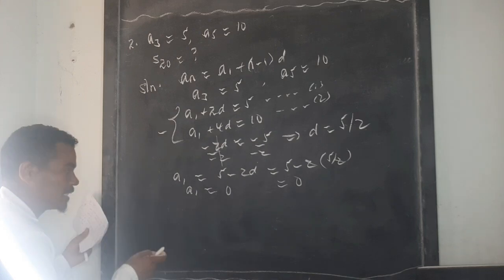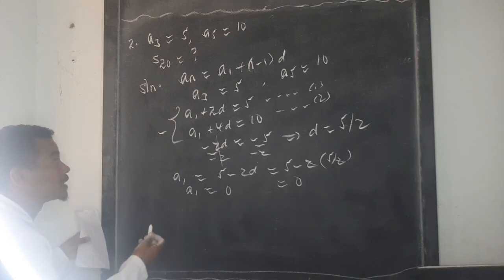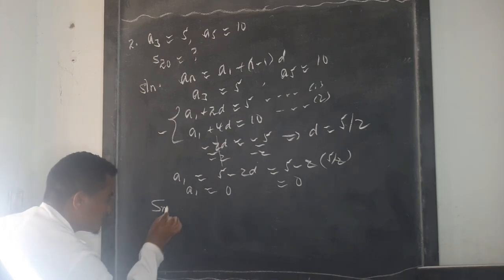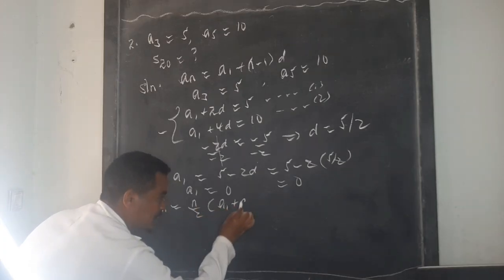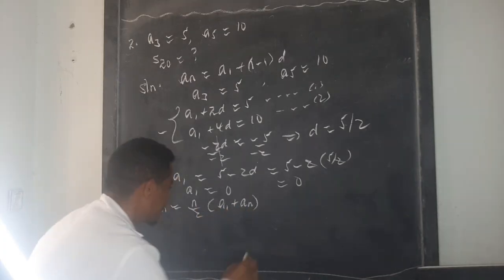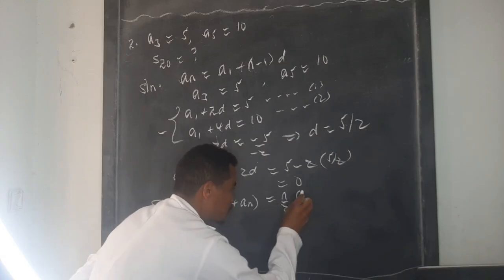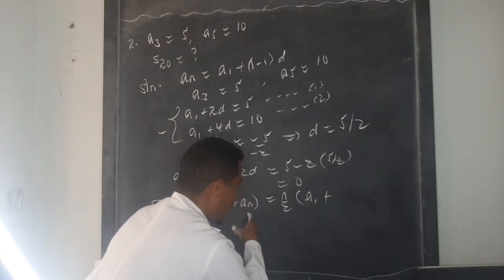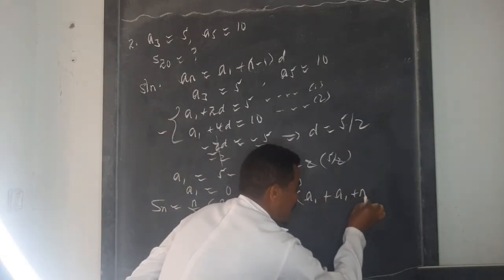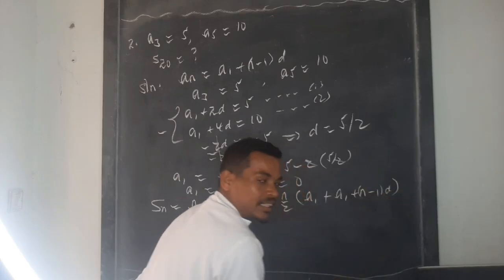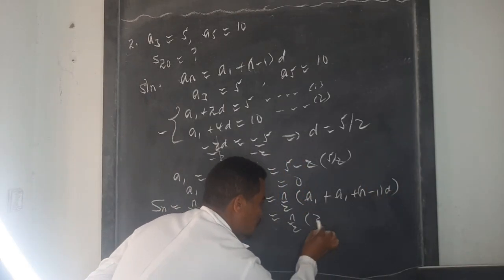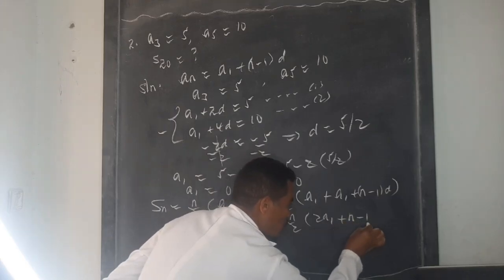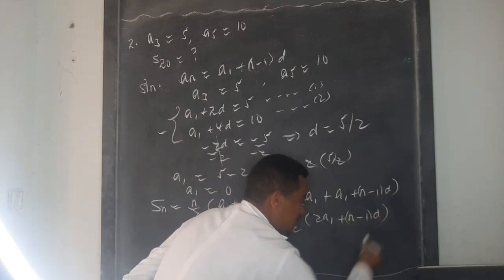To find the sum of the first n terms, Sn, what do we do? Sn is equal to n over 2 into a1 plus an, which is the same as n over 2 into a1 plus a1 plus n minus 1 into d, that is n over 2 into 2a1 plus n minus 1 into d.